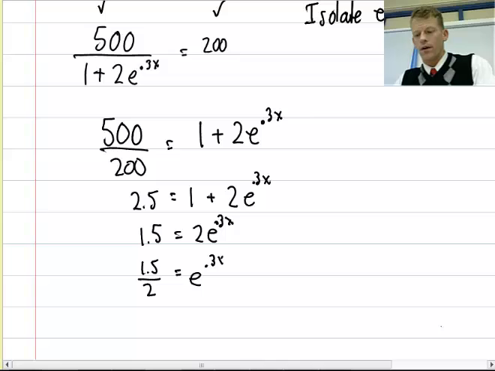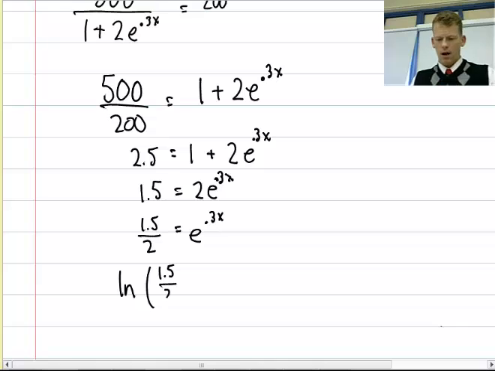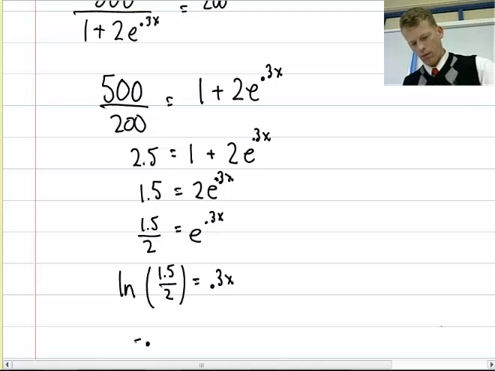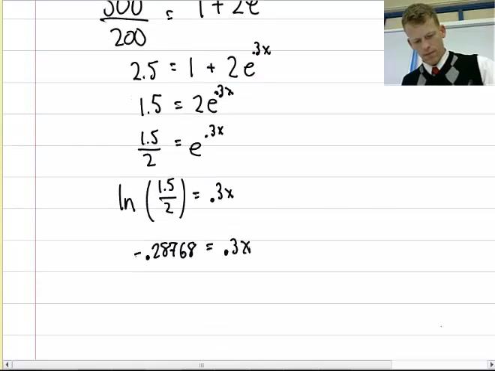And now here's a point where I'm going to use a natural logarithm to get rid of e, but I've got to do it to both sides. So natural log of 1.5 over 2 equals 0.3x. I'm going to use my calculator, and the natural log of 1.5 divided by 2 is equal to negative 0.28768, enough decimal places, equals 0.3x, and I just divide by 0.3.